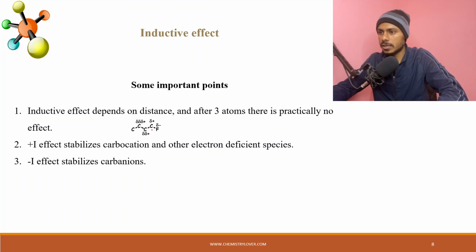You can see the first carbon atom has the highest amount of positive charge, delta plus. As we go to the second carbon atom, it is a smaller delta plus, which means the intensity of the charge is lower. In the third carbon atom it is even lower, and in the fourth carbon atom there is practically no inductive effect. So up to the third carbon atom there is inductive effect. Beyond four carbon atoms there is practically no inductive effect. This is the limitation of inductive effect.